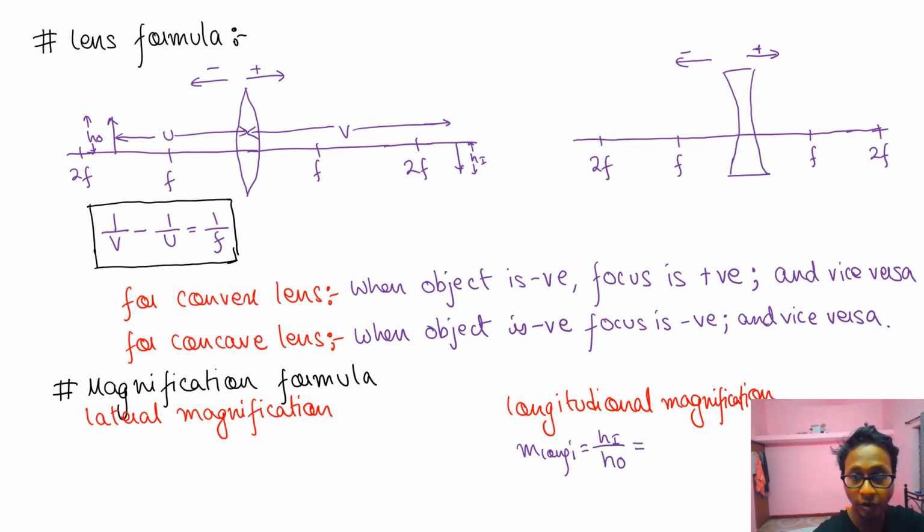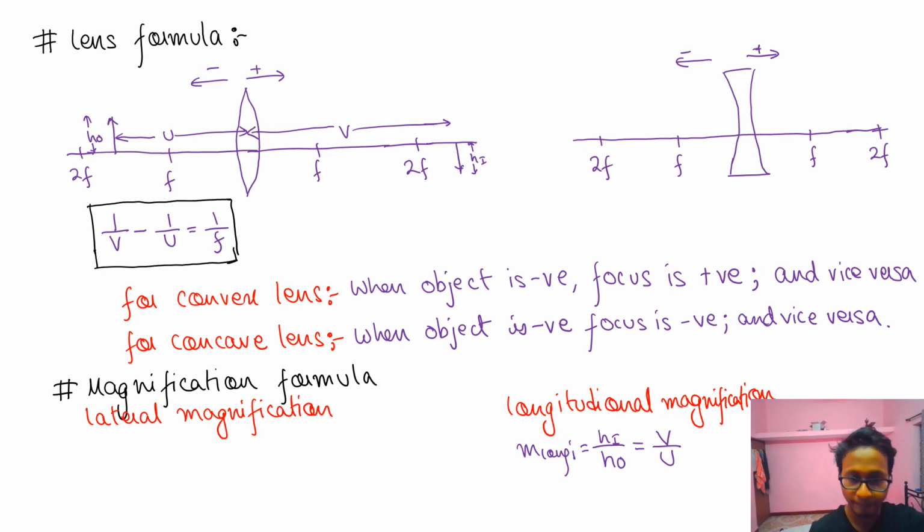That is given by the formula image distance by object distance, that is, height of image by height of object is nothing but v by u. You can already see that in the derivation of the lens formula.